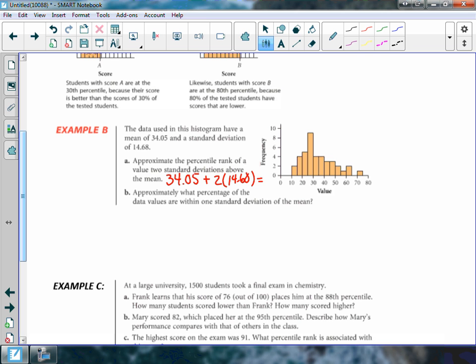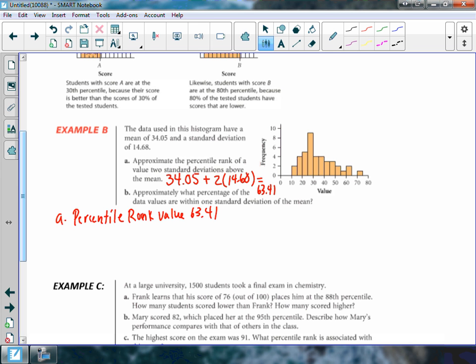We get a value of 63.41. So we're going to figure out in part A the percentile rank of the value 63.41.